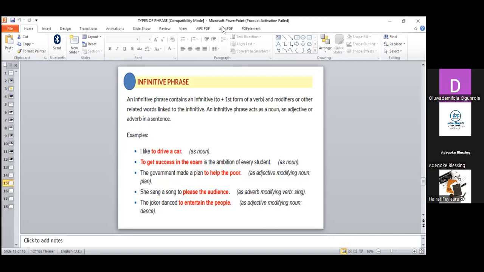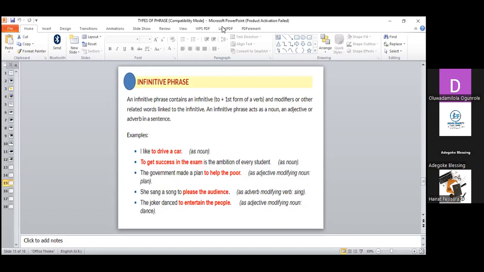It is impossible to use an adverb as the subject of the sentence, and it's also impossible to use an adjective as the subject, except you want to nominalize that adjective to be taken as a noun. So the expression to get success in the exam is used as a noun in the subject position.